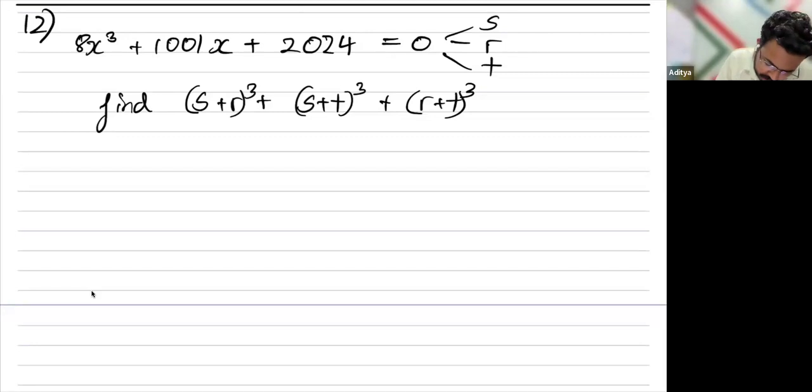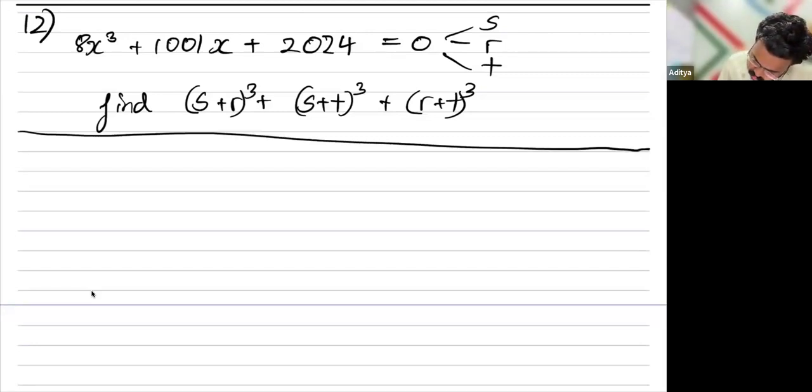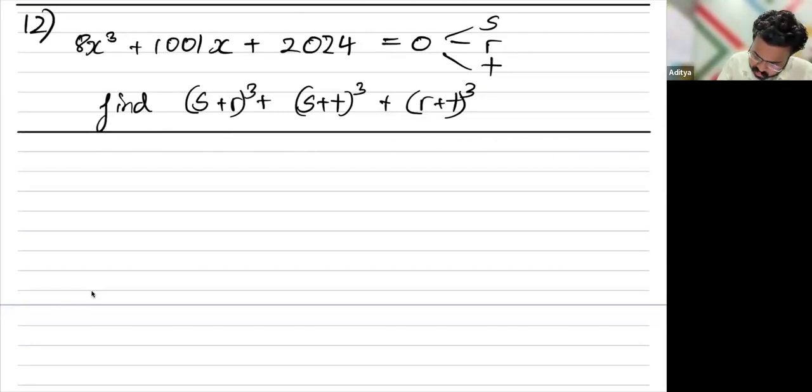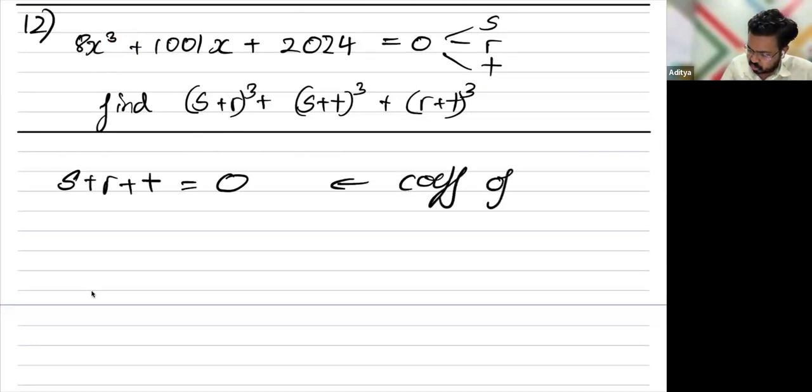Okay, I'll write down the relevant equations for this question. See, Vieta's identity says that the sum of roots, there is no quadratic term over here. The non-existence of quadratic term directly states that S plus R plus T is equal to 0, as the coefficient of x square is equal to 0.